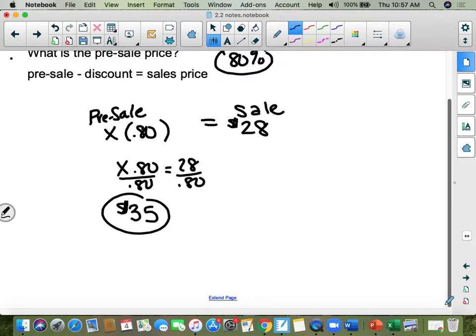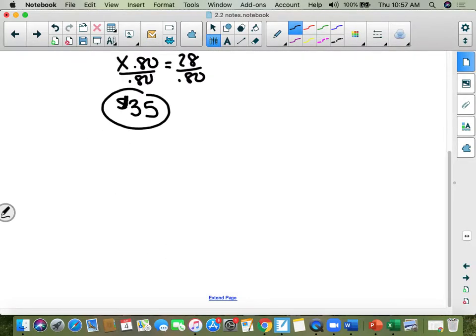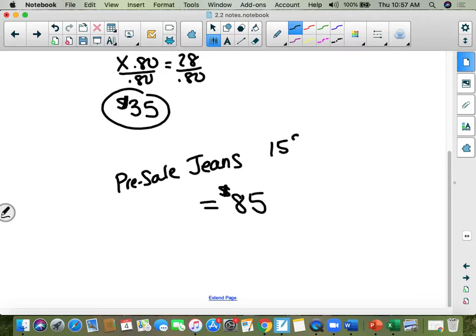So let's say jeans nowadays, there's some expensive jeans, but let's say you want to know what the pre-sale price of jeans was. You got them on sale for $85. They were 15% off.